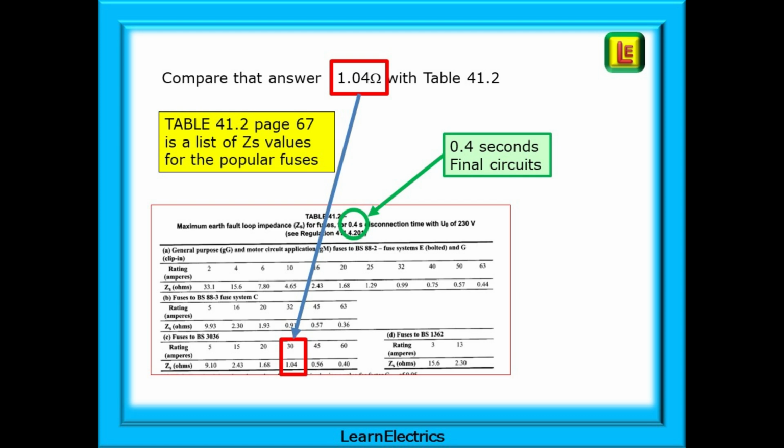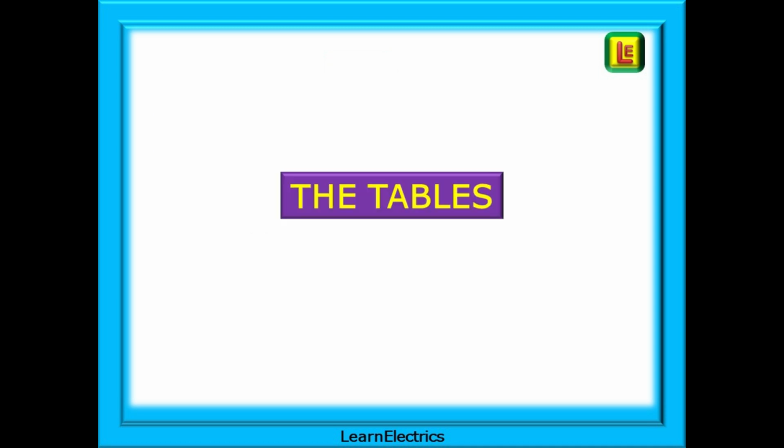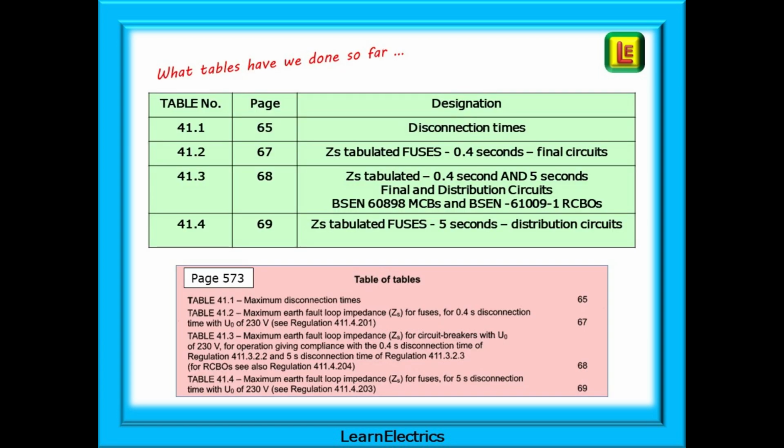The ZS tabulated in the table is the same as the ZS that we have just calculated. Job done. We should spend a moment or two becoming familiar with the tables so that, in an exam, we can quickly find the data that we want. What tables have we done so far?